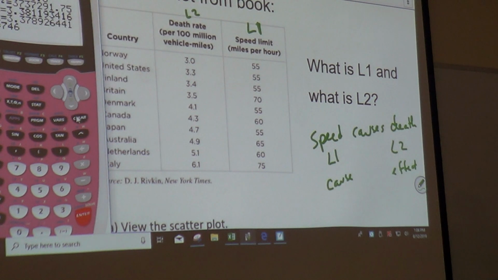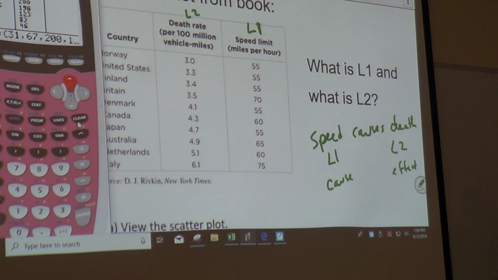L1 is your speed limit because that is your cause. And the numbers have to match side by side, so if you screw up, make sure you put the right number beside it. There's 10 pieces of data.